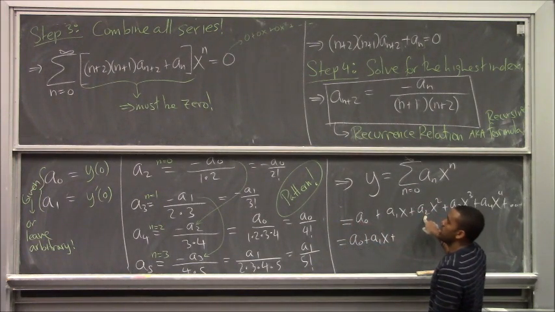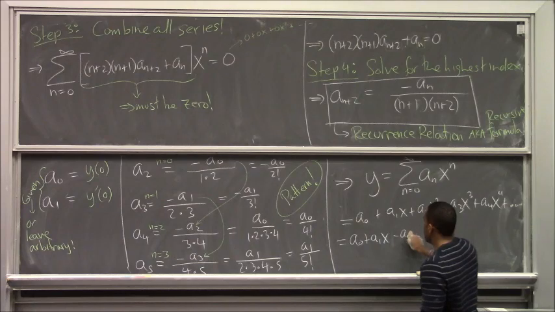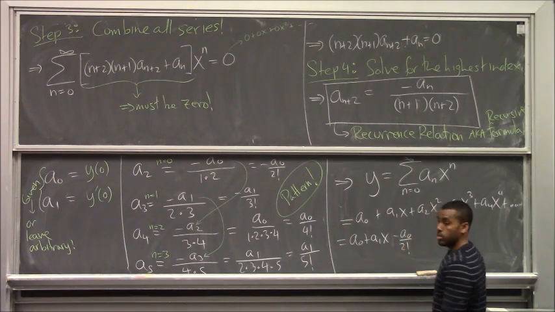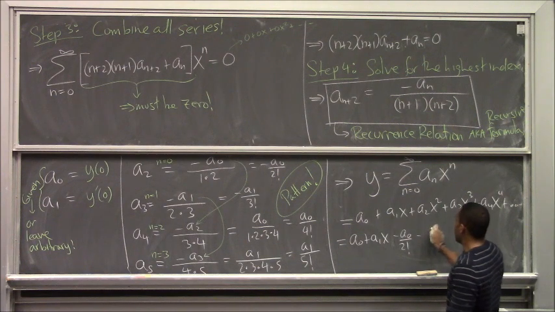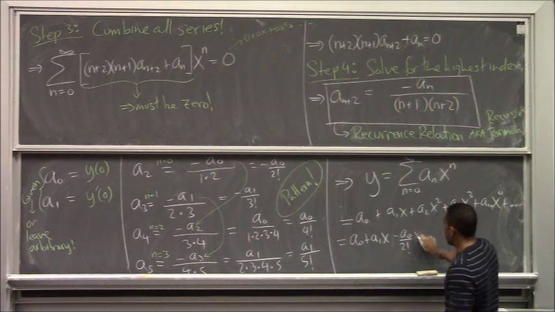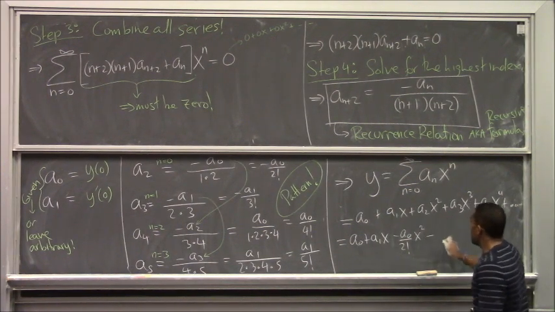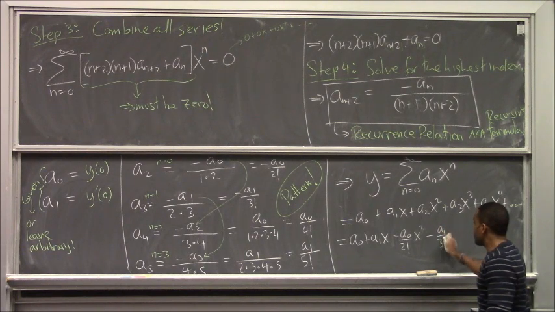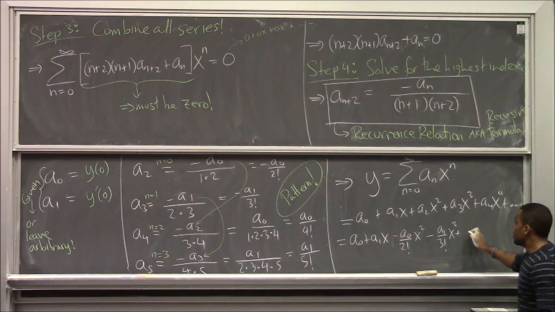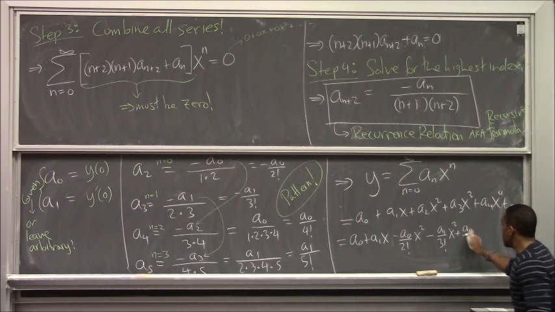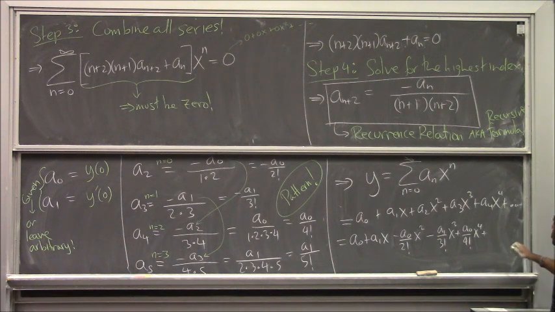A2 is minus A0 over 2 factorial, x squared. A3 is minus A1 over 3 factorial, x cubed. A4 is plus A0 over 4 factorial, x to the 4th. A5, you'll realize, is plus A1 over 5 factorial, x to the 5th.